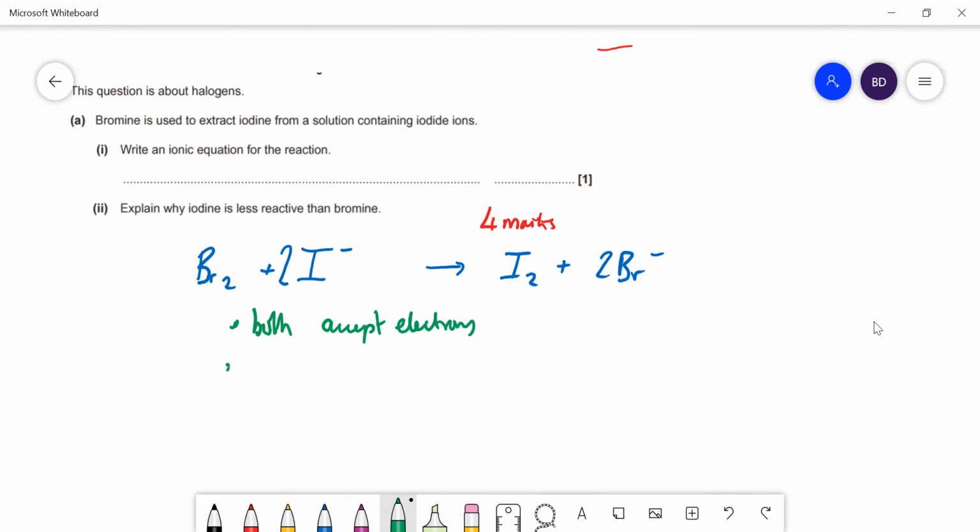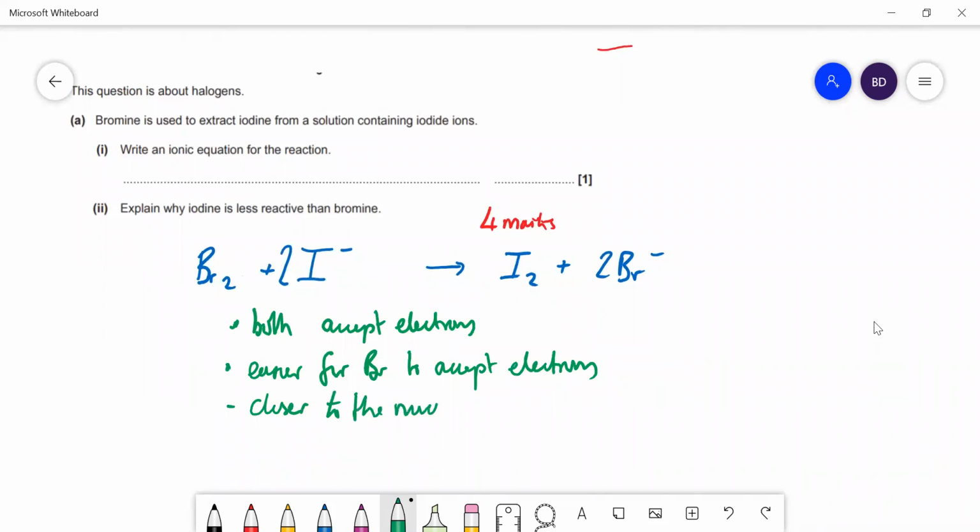It's easier for bromine to accept electrons because the shell that they go into is closer to the nucleus, and so you've got a stronger attraction by the nucleus.